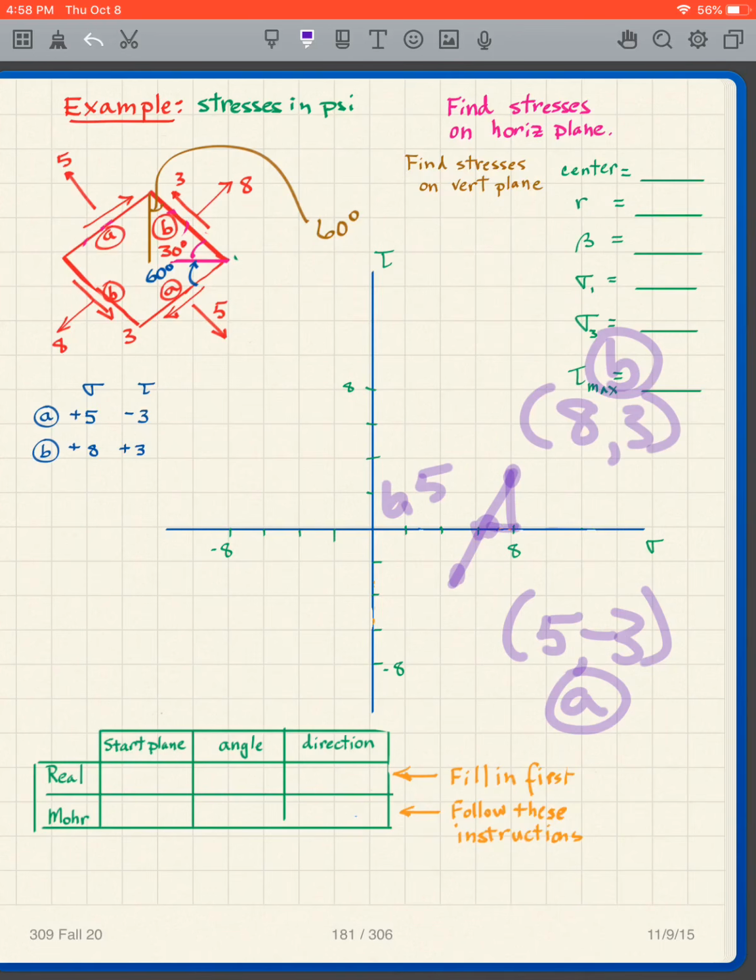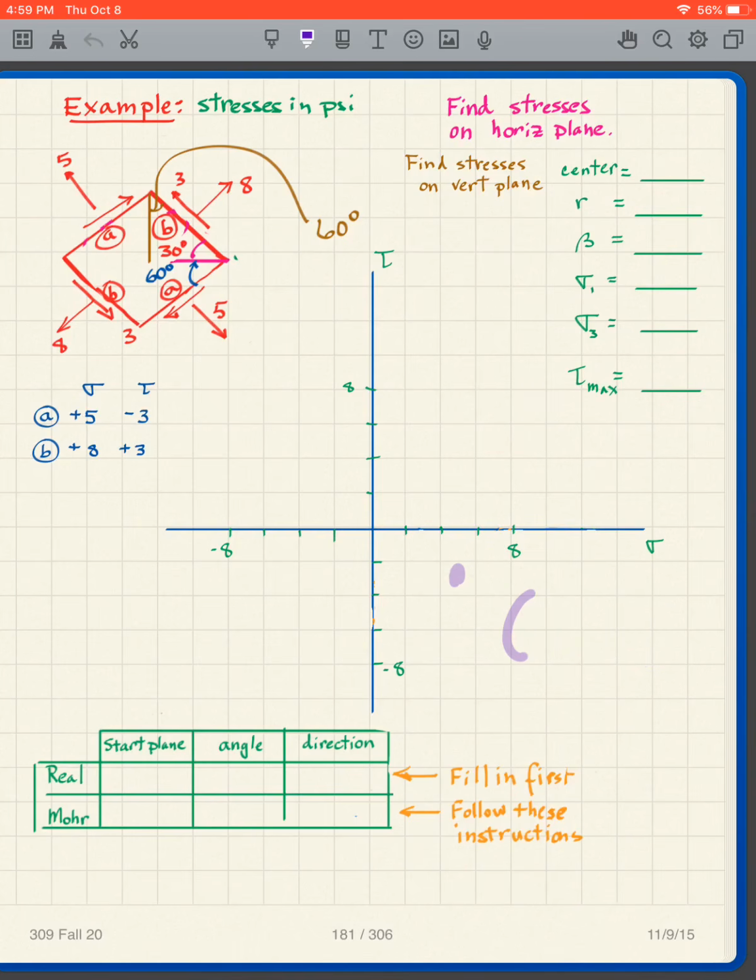From there I'm just going to ask you to do the rest. This is 3, and this is going to be 1.5. So r is the square root of 3 squared plus 1.5 squared. And then beta is the arctangent of 3 over 1.5, etc. Sigma 1 is the center plus the radius. Sigma 3 is the center minus the radius.